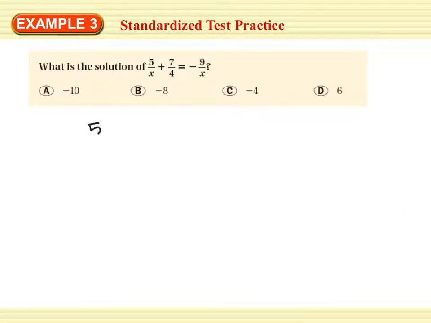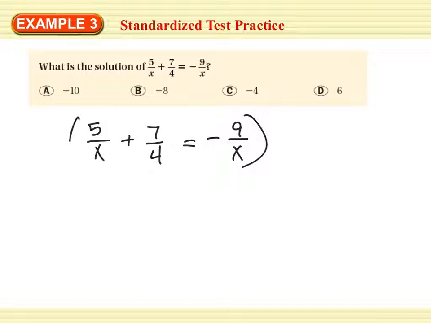So what's the solution of this one? First of all, what is the least common denominator? Looks like I need a 4 and an x. So I can multiply the whole fraction by the least common denominator. And what I'm sort of doing is distributing this through.